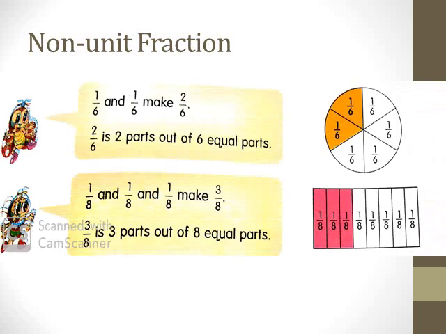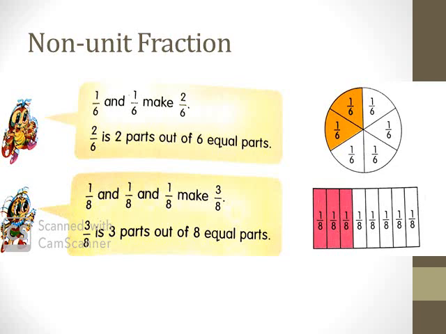Now, what is a non-unit fraction? A non-unit fraction is a fraction that is having several parts of a whole. In the unit fraction, we are having only 1 part from a whole, but here we have more than 1 part of a whole. Look at this circle. The circle is divided into 6 equal parts, and 2 equal parts are shaded.